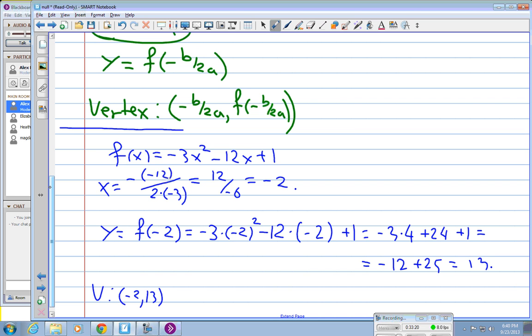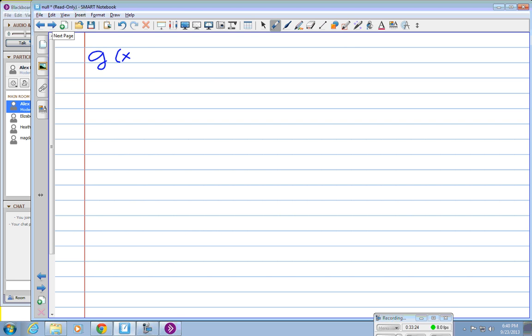Well, now I can make my function really, really ugly. Well, not really ugly, but something like that. 1/3, throw some fractions in there, minus 2x plus 2/3. Now, completing the square on that would be a little messy. But in order to find the vertex of that function, again, I'll just have to do negative b over 2a and take that result, plug it into the function.